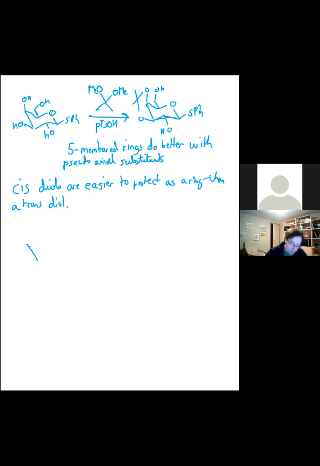The final one we could really tackle this with is, let's say we had a glucose like this. Work with lactose too. We use a slightly different reagent.